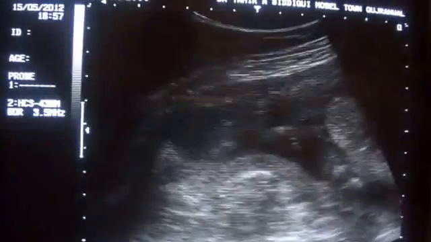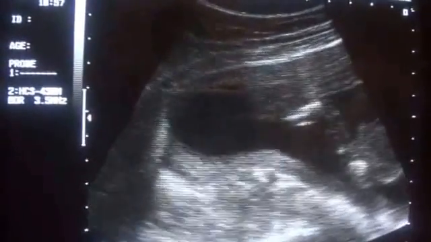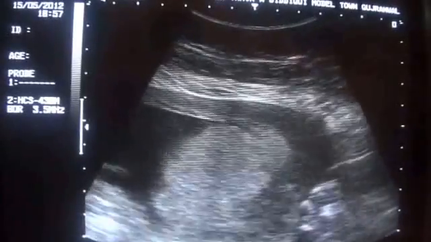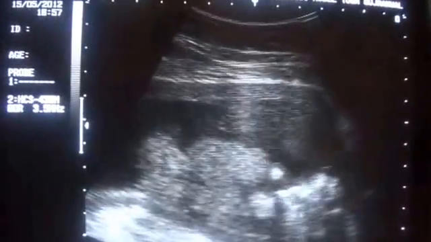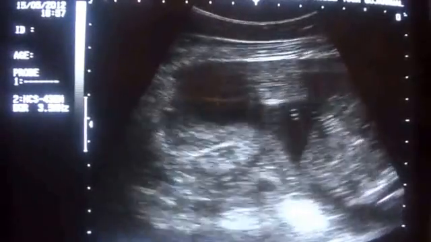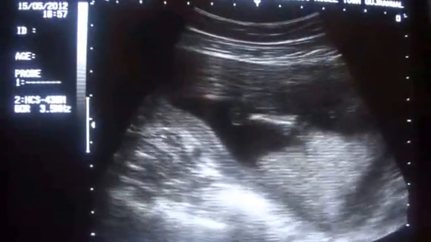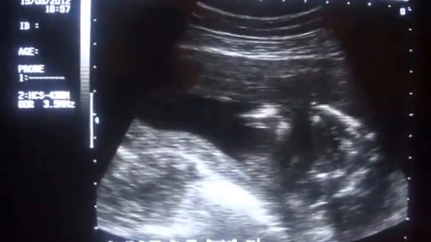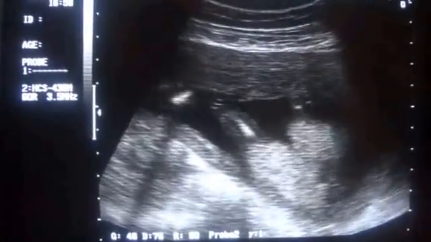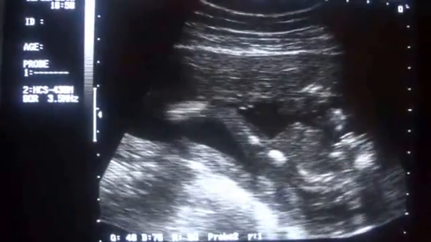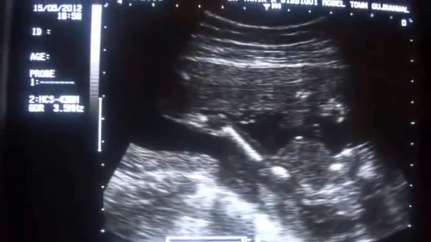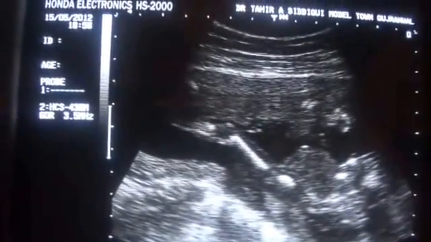So let's first see the gestational age at which she has presented to me. She was referred to me to rule out any fetal anomaly, which is straight away there, and you can see the movement of the leg.